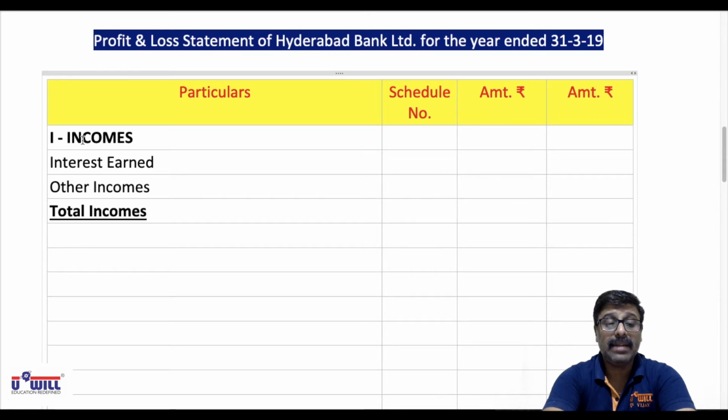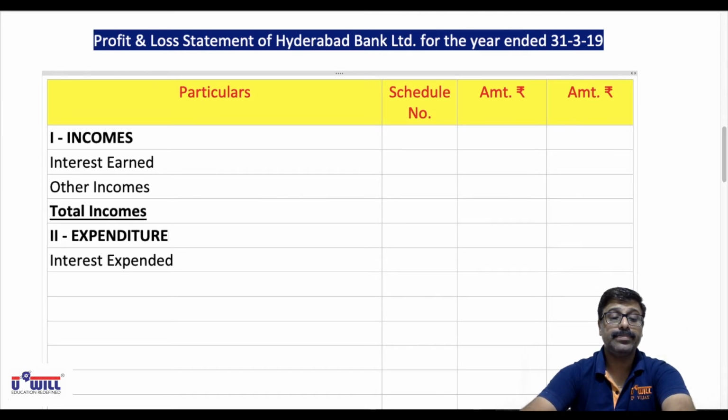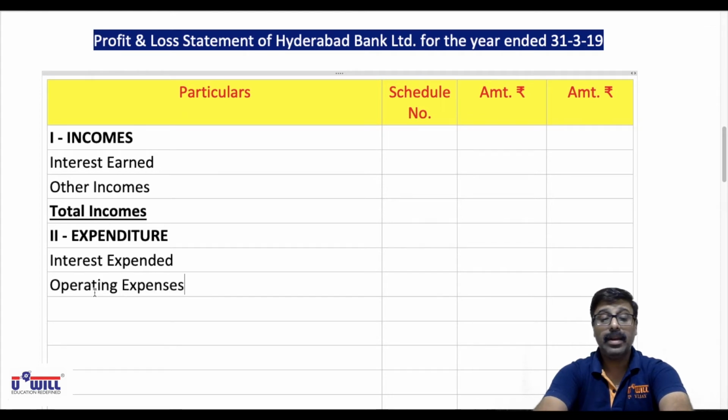Then the second item we will have is expenditure. All of you must be writing it. In that, first we will have interest expended. Next we will have operating expenses. Next we will have the heading of provisions and contingencies.